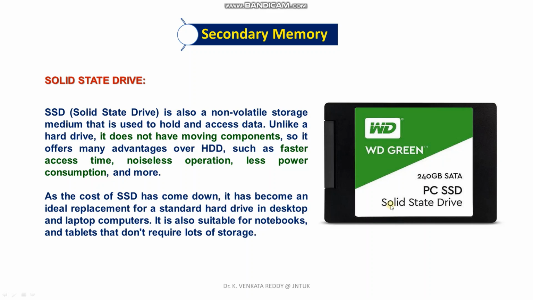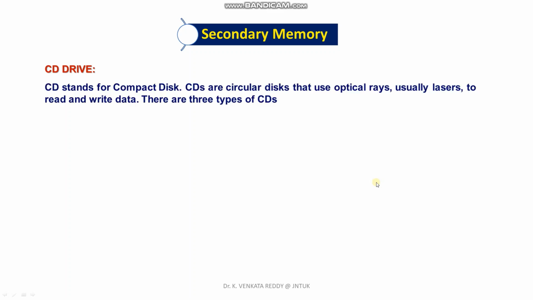As the cost of solid state drives is coming down these days, most personal computers are using solid state drives. The cost of a 240 GB solid state drive is about 3,500 rupees in the present day Indian market. Another example of secondary memory is CD drives. CD stands for compact disc.